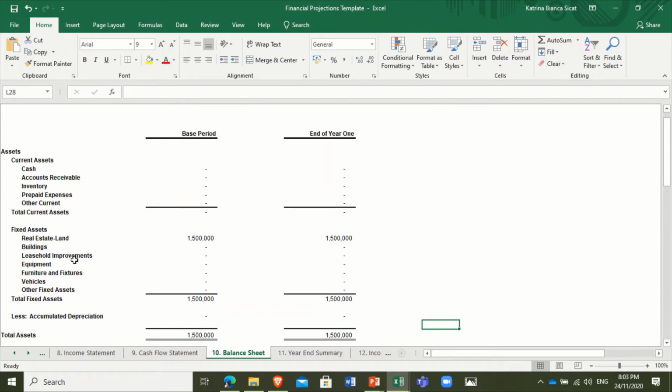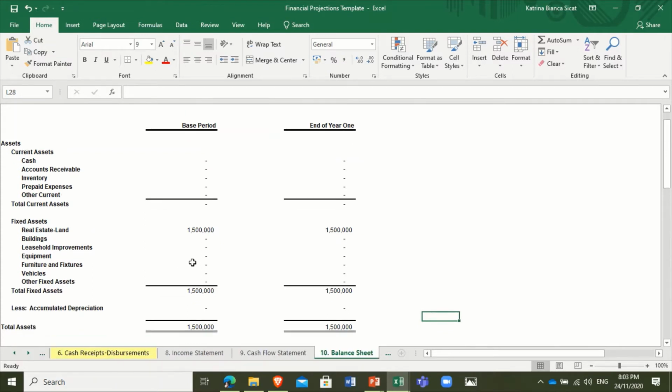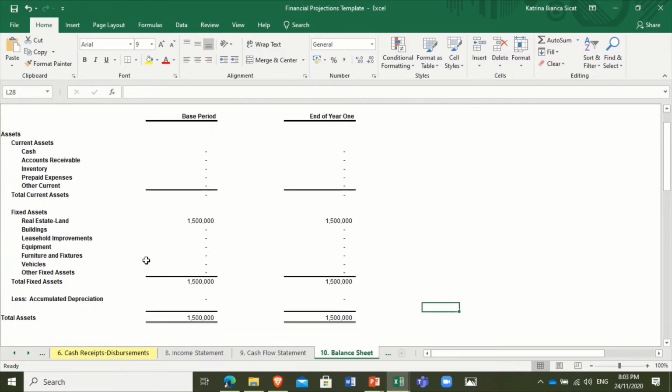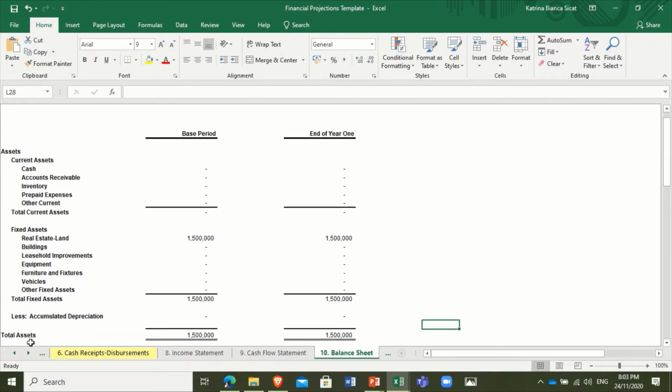And then you just simply have to input the other information that is not yet included here. But it's for sure na kung ano man yung mga i-input nyo dun sa inyong operating expenses, dun sa inyong cash, dun sa inyong equity, no, automatic na siyang mag-reflect dito.